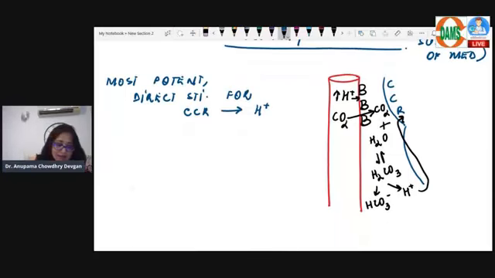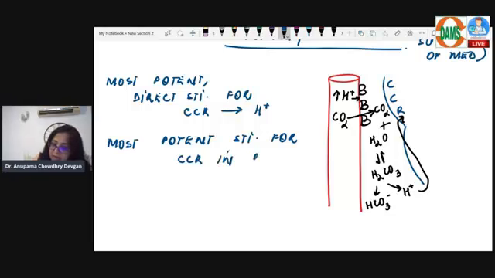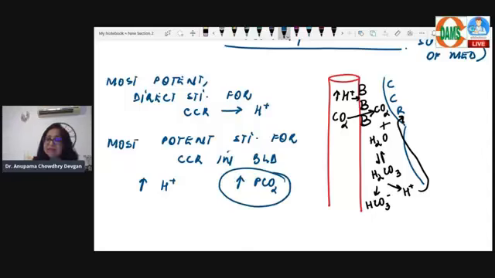So my next question is, most potent stimulus for the central chemoreceptors in the blood, is it going to be increase in H plus or increase in PCO2? What is going to affect the central chemoreceptors is an increase in PCO2.